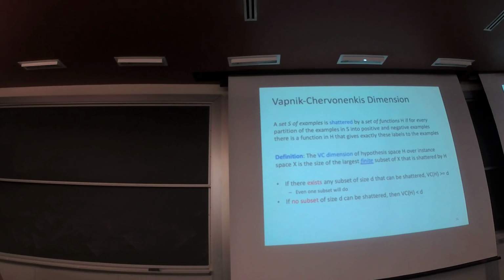But if no subset of size d can be shattered, then the VC dimension must be less than d. That's the definition of VC dimension. Basically, it is the maximum size of points that can be shattered by your hypothesis space H.